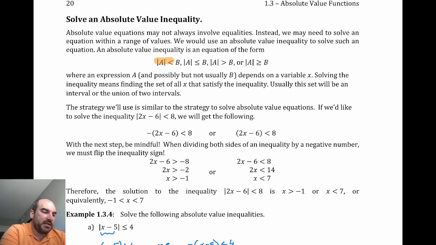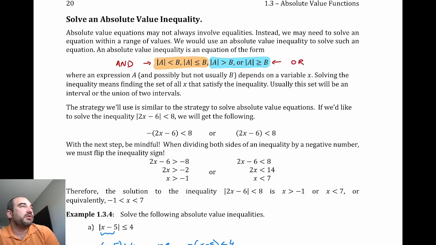So these two with the less than and the less than or equal to, we're gonna say that these will turn into and when you split into two cases, whereas these two, the greater than or equal to and the greater than inequalities, will split into or inequalities once we split into two cases.